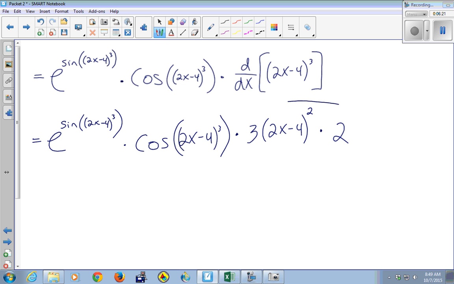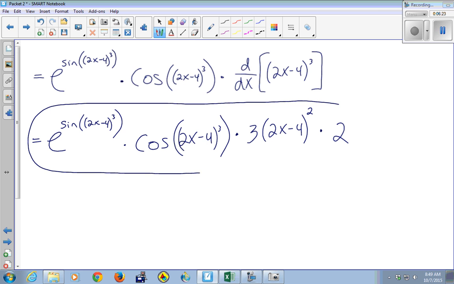That's it. So there were just so many functions inside of functions that every time we applied the chain rule, you ended up having to do the chain rule again to take the derivative of the stuff.